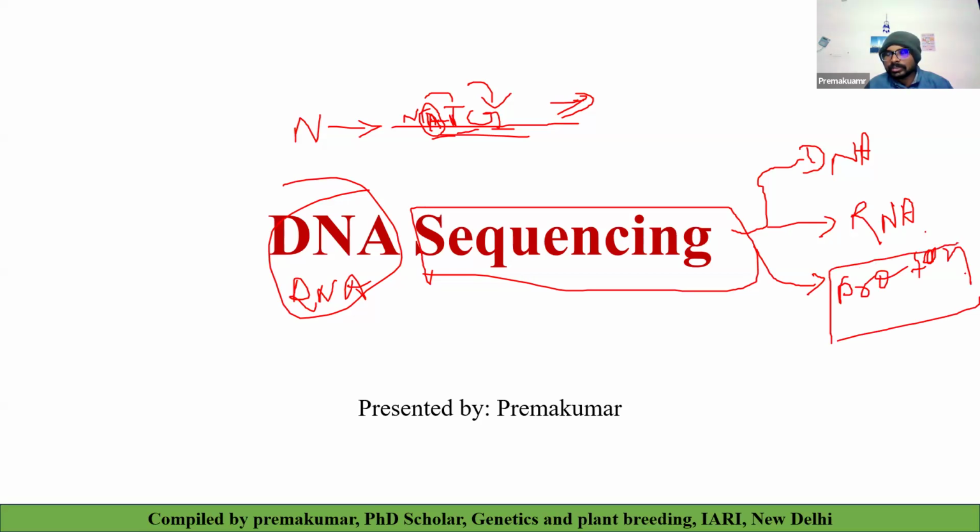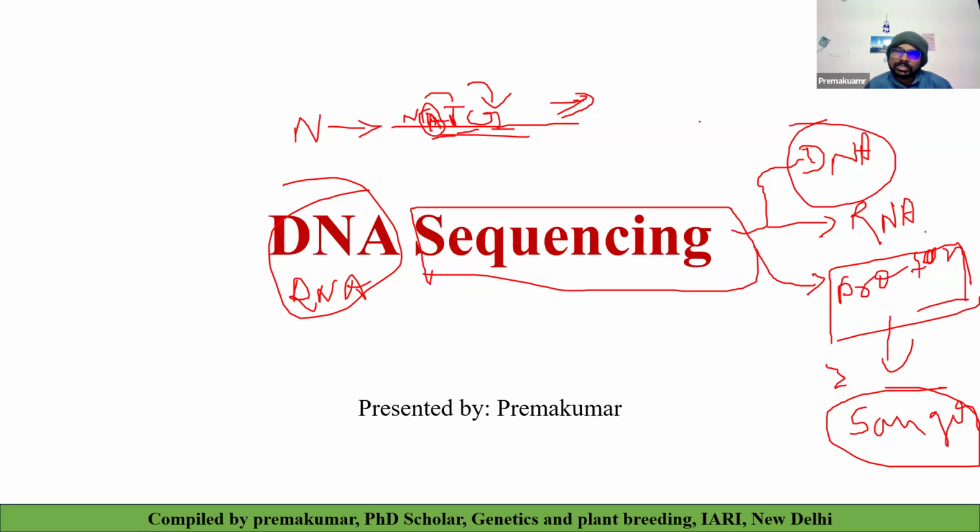Protein sequencing was discovered first, by the scientist Sanger, I think. Yeah, Sanger actually determined protein sequencing first. Then he also discovered DNA sequencing, and RNA sequencing came later.